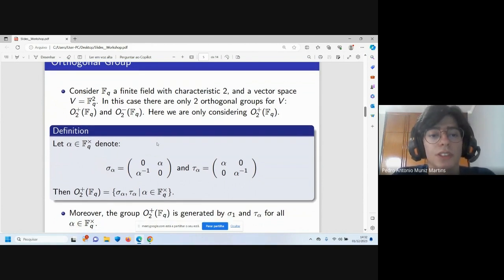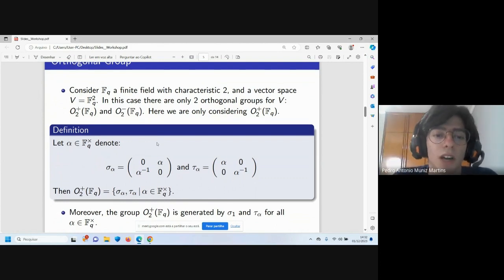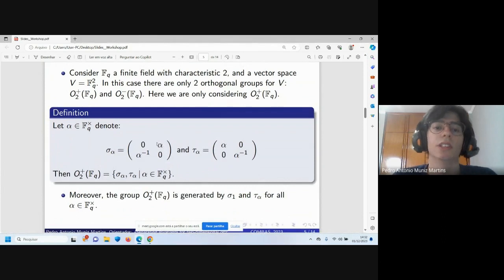We just consider these two matrices, sigma alpha and tau alpha, for all alpha in our field without zero, and our orthogonal group is the group formed by all these matrices. It is clear to see that our orthogonal group is really just generated by sigma 1 and tau alpha for all alpha in our finite field without zero.